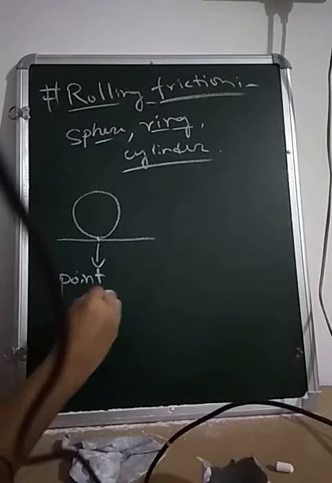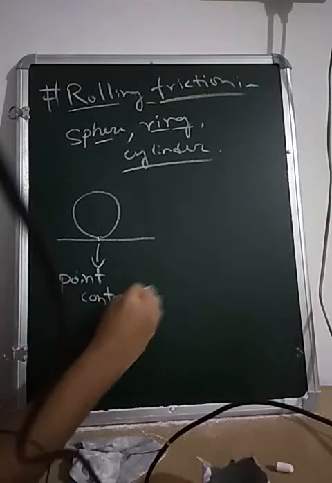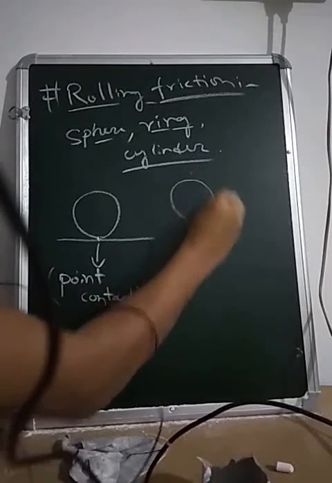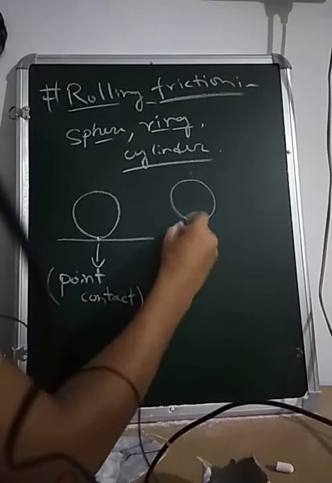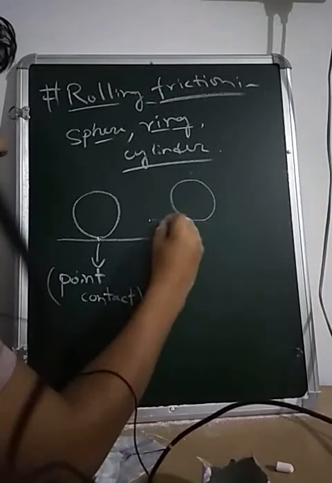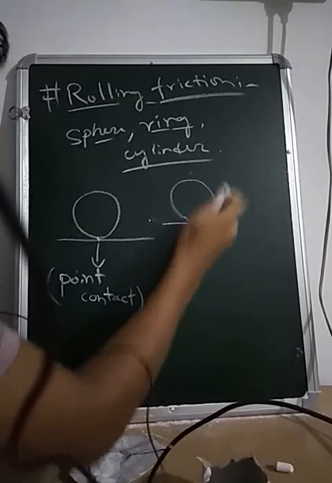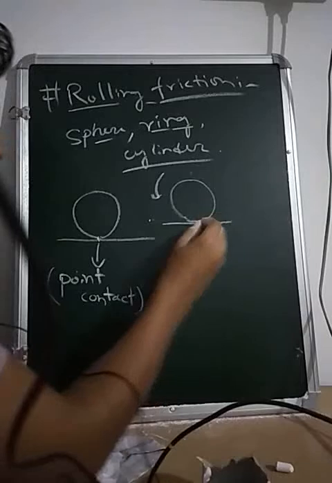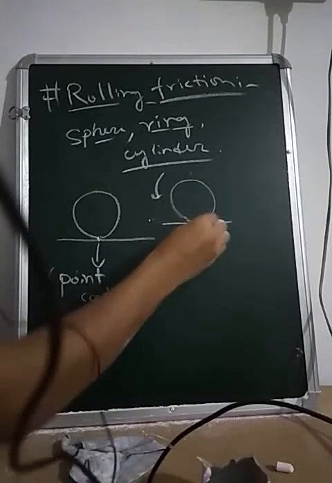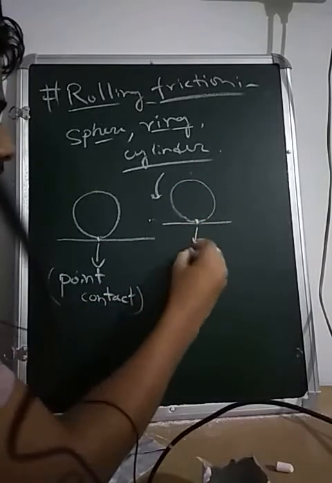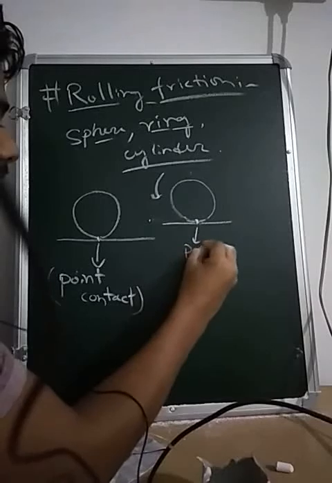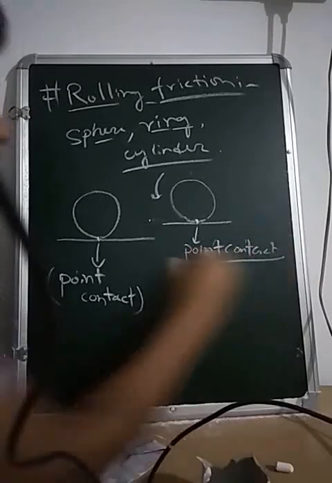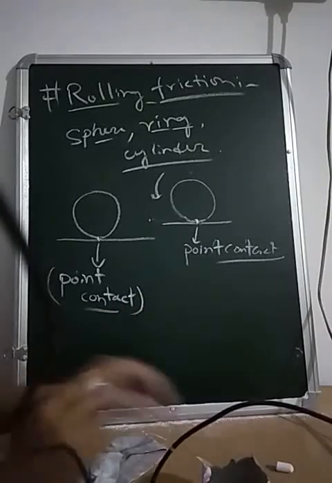In the case of a ring also, suppose this is a ring, and it is rolling over a surface. See, the contact between the ring and the surface is what? Point contact. It makes contact at a point only on the surface.